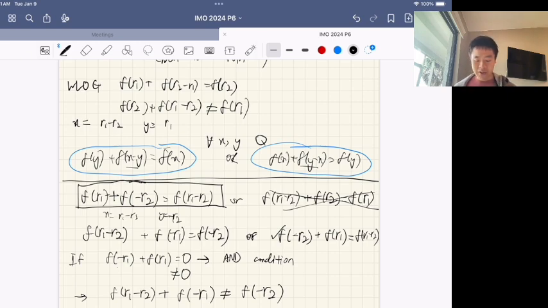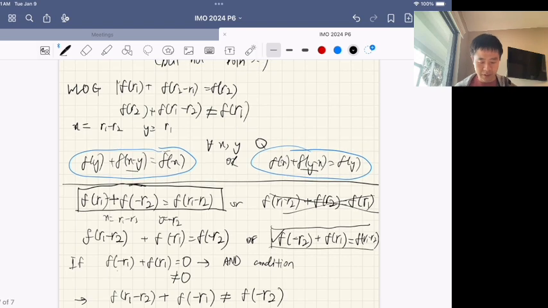Now, how do we keep boomeranging things around? Let's try to highlight all these conditions. This one and also this one.